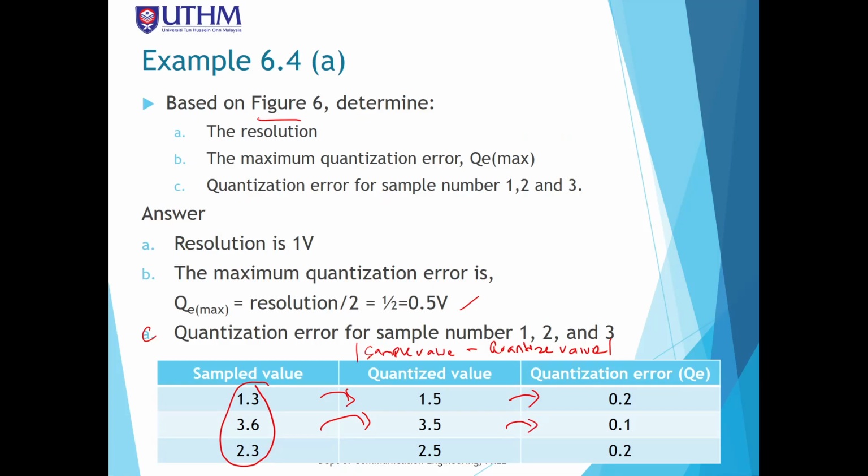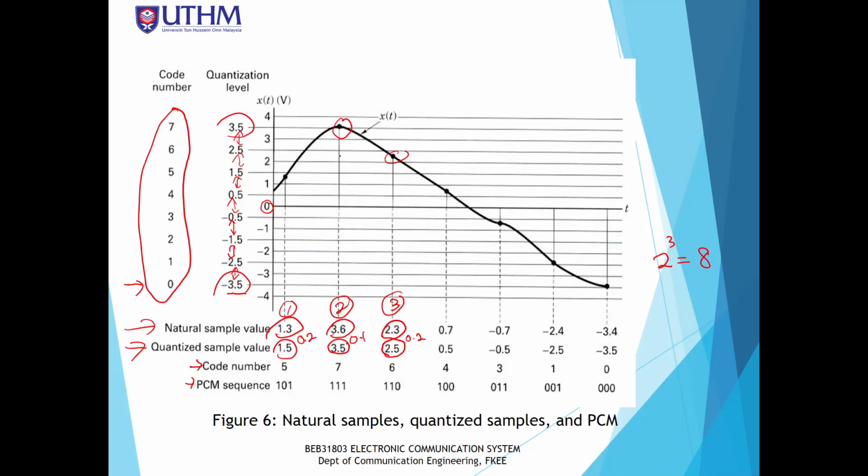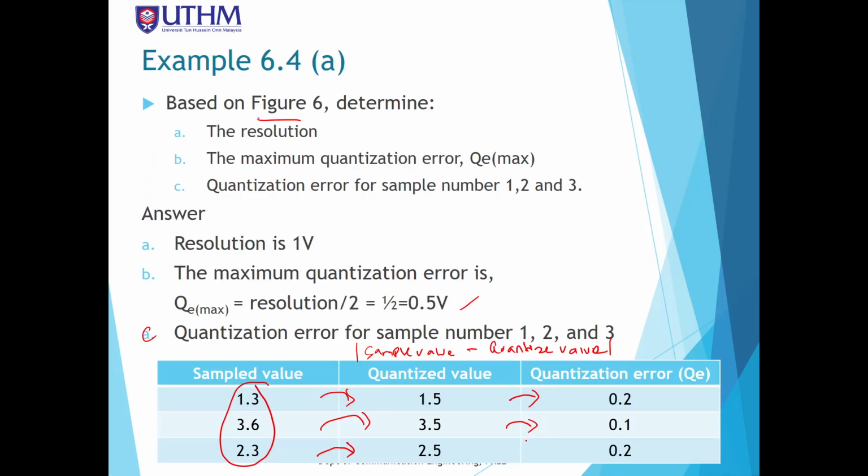Perbezaan antara sample dan quantized level. And then here the 2.3 volt sample value, we rounded up to the nearest quantized level, which is 2.5. So that means the quantization error is 0.2.